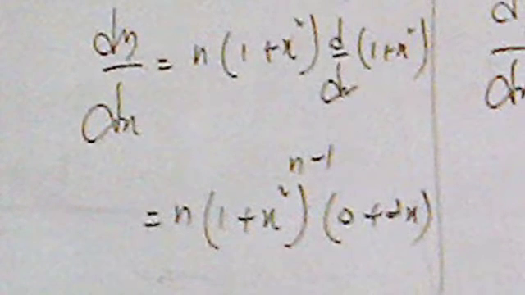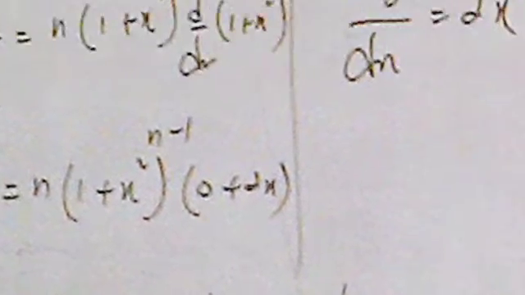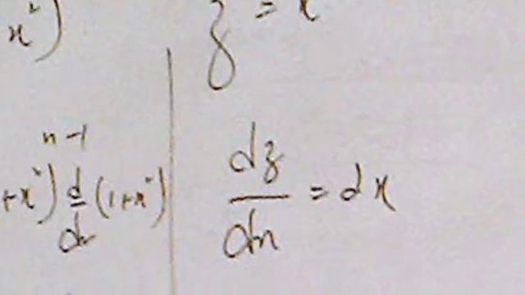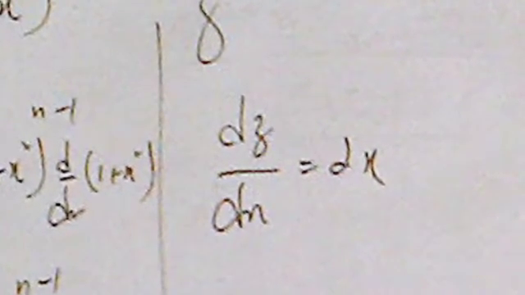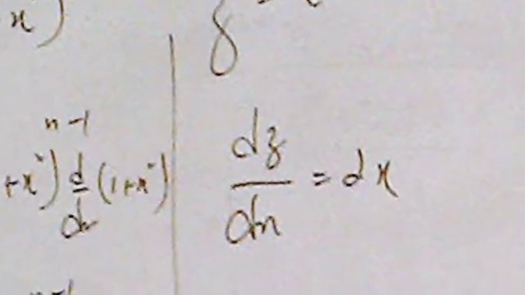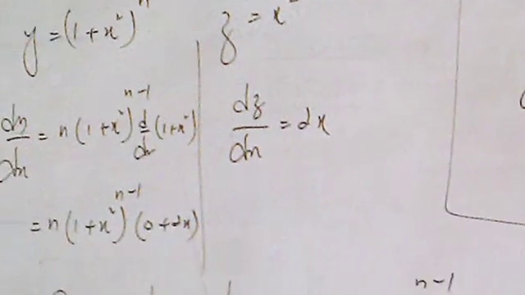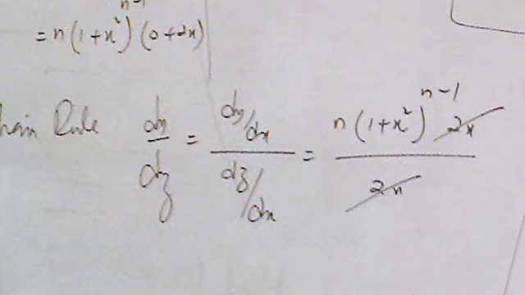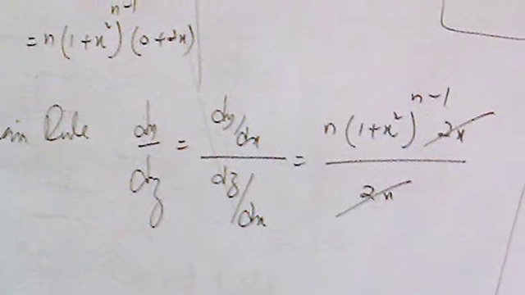Derivative of 1 is 0 and x square is 2x. And then for the other function x square, dz by dx, its derivative is 2x. Again we apply the chain rule, dy by dx and dz by dx. We put these values and get the answer.